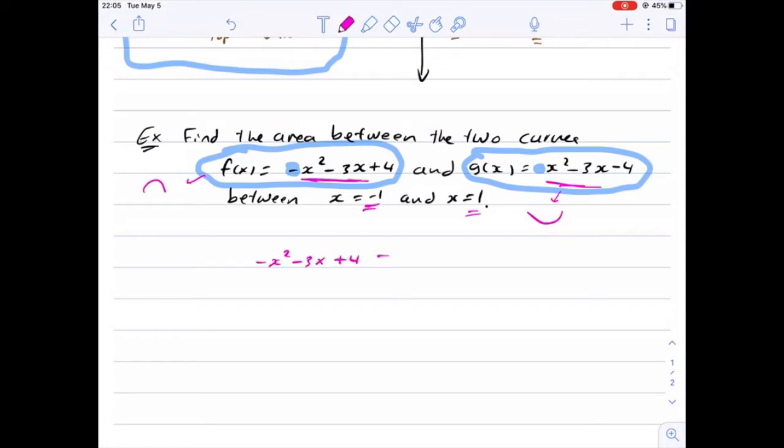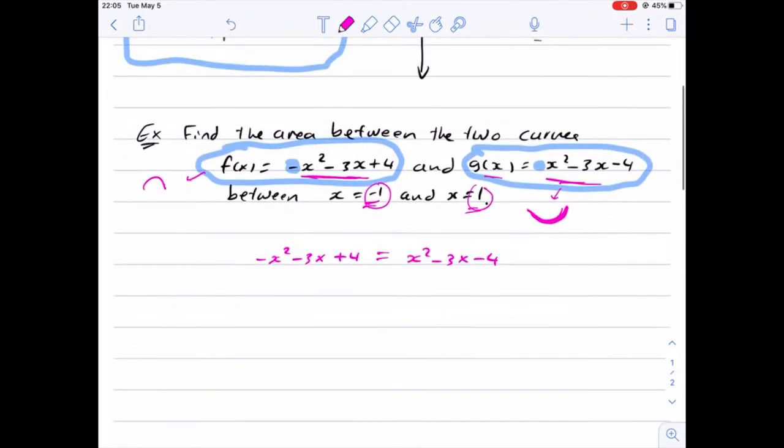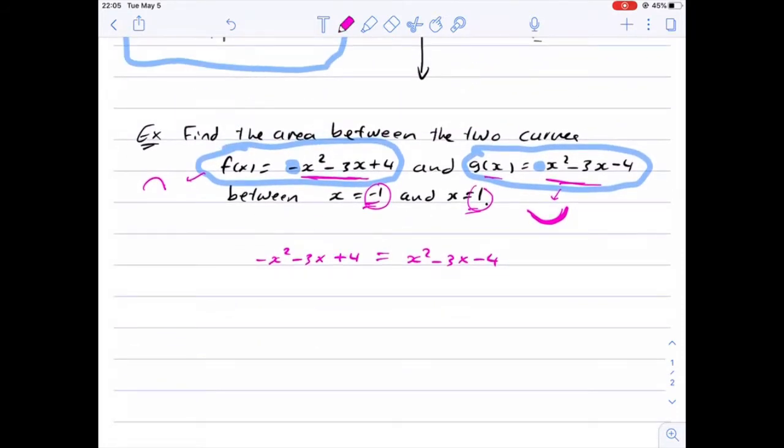Negative x squared minus 3x plus 4 is equal to x squared minus 3x minus 4. We want to find the points in common. If we don't have any point in common, that means we just integrate from negative 1 to 1 of f of x, because it's open down, that means it's the maximum, minus g of x, that's open up, that's the below, or the bound of the area from below.